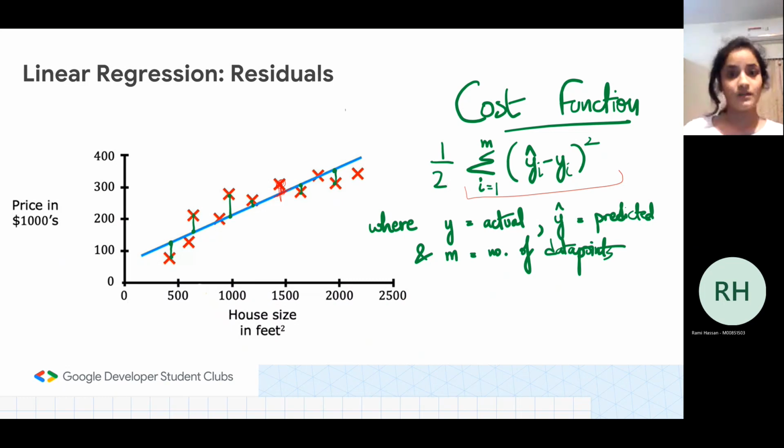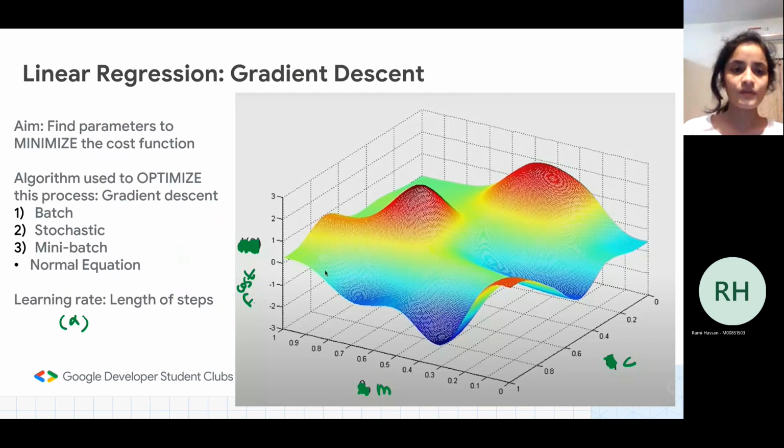Okay, so now we get into the math. Our aim here is to find parameters that minimize the cost function. Parameters are M and C, right? So we find parameters that bring the error down to, if not zero, at least the minimum we can.